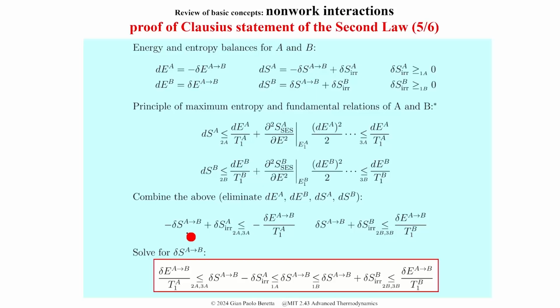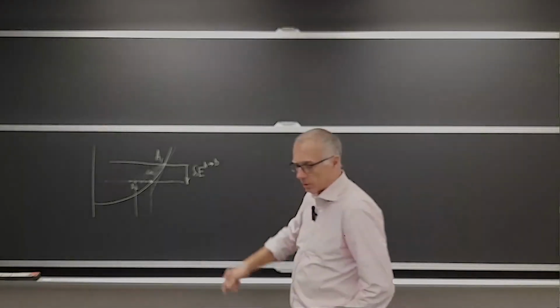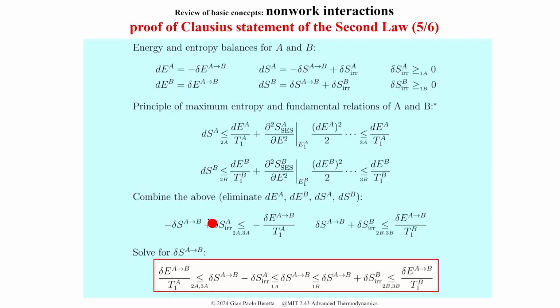And since I want to concentrate on the energy and entropy transfers, so the delta E and the delta S, these are the variables that I keep. Eliminate the other 4, the changes. So this is from the balances for system A, and this is from system B. They both contain delta S.